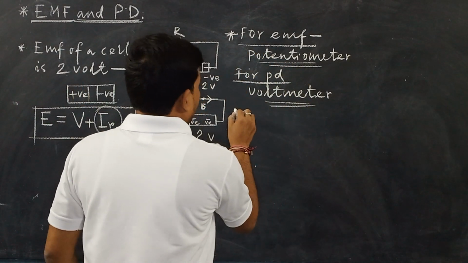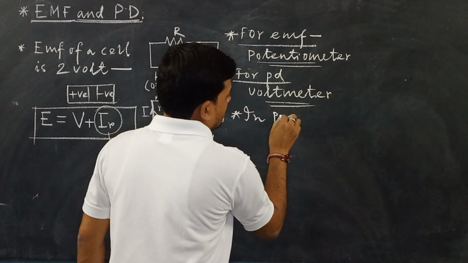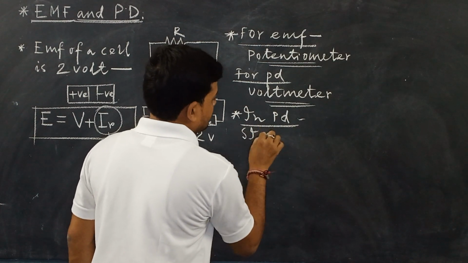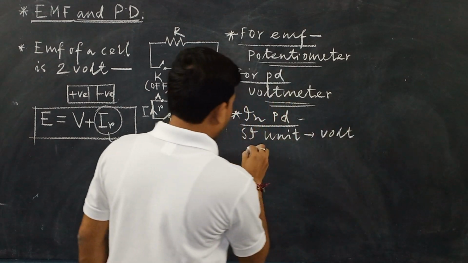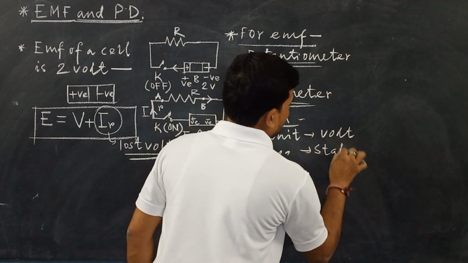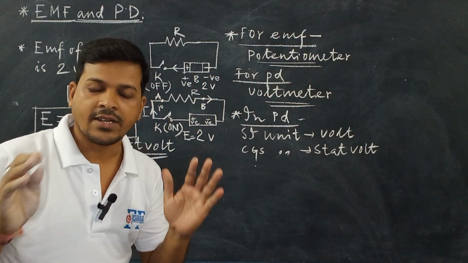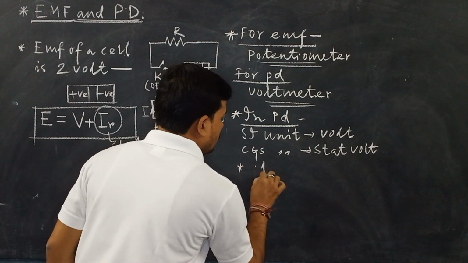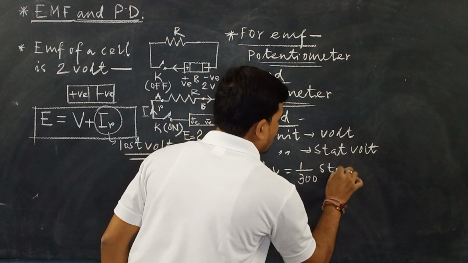For potential difference, the SI unit is volt and the CGS unit is stat volt, and there is a standard relation between volt and stat volt: 1 volt equals 1 by 300 stat volt.